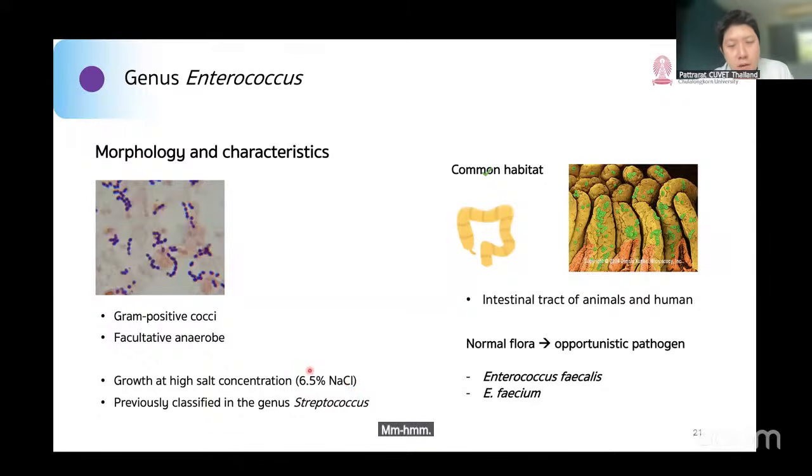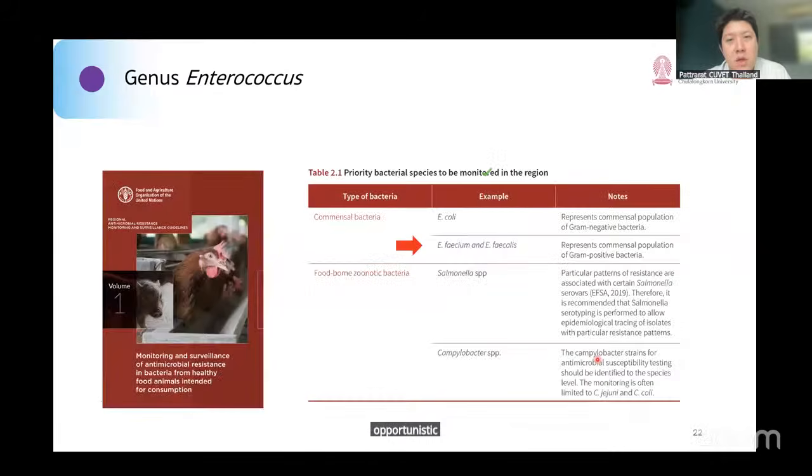This is a kind of halotolerant or salt-tolerant bacteria. Enterococcus faecalis and faecium are the most important species that can turn from normal flora to opportunistic pathogens.